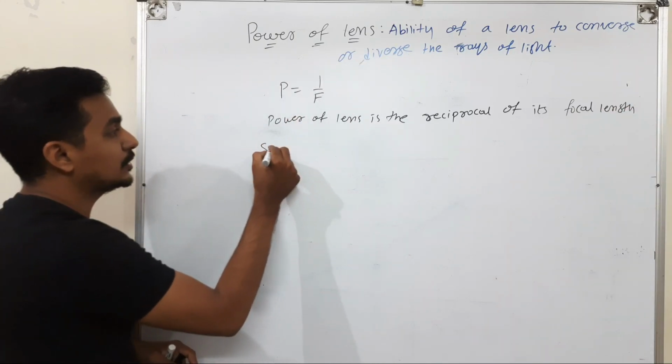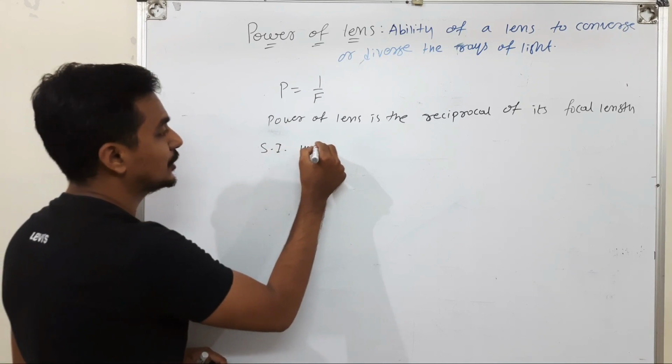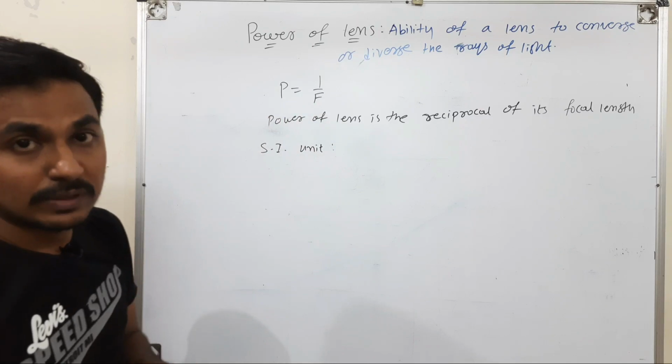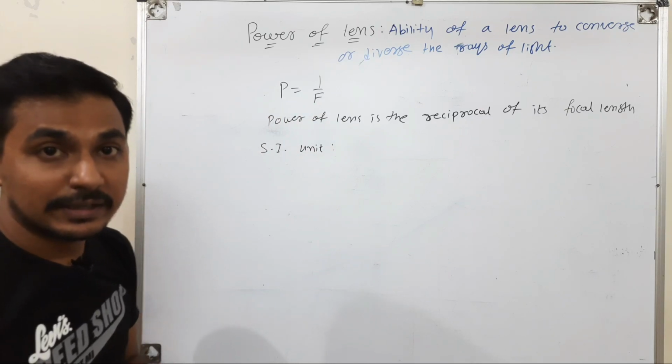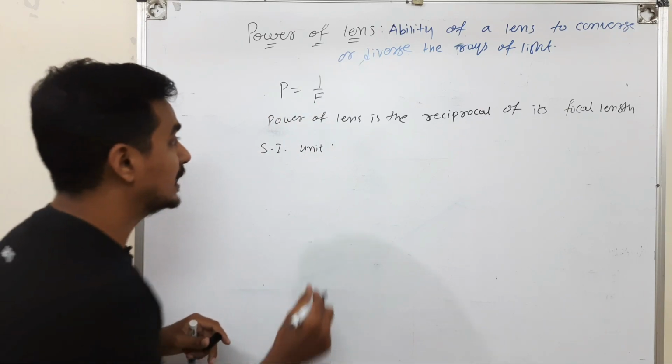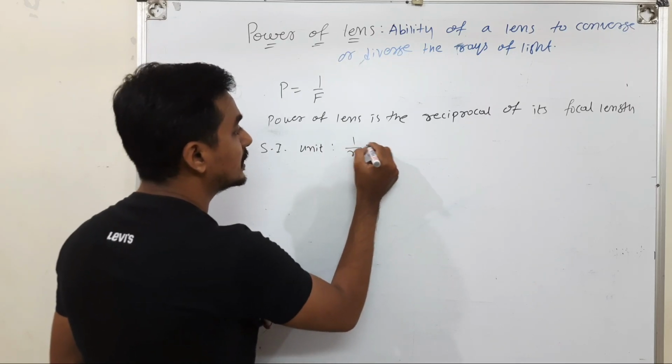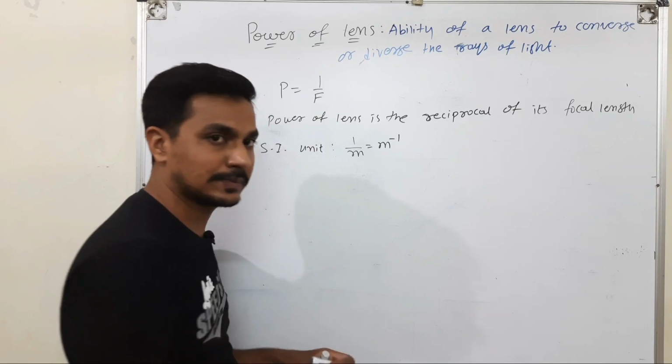What is the SI unit of power? See, 1 by f. Now f is a length, so we measure it in meter. So we can write 1 by meter, so it is meter inverse.